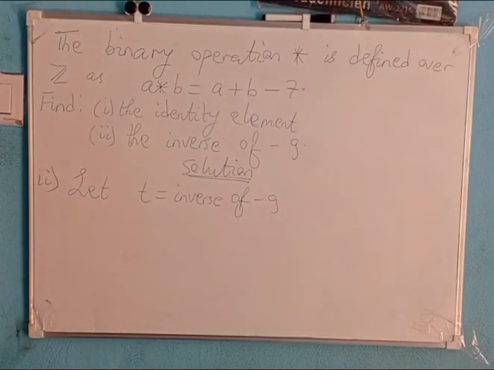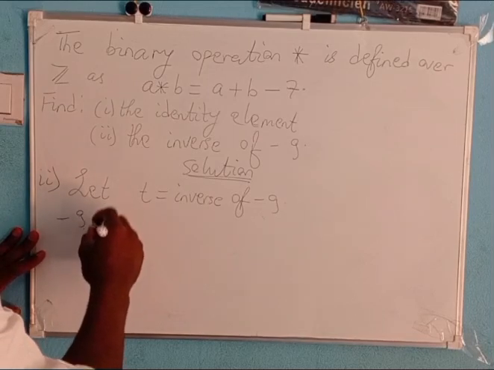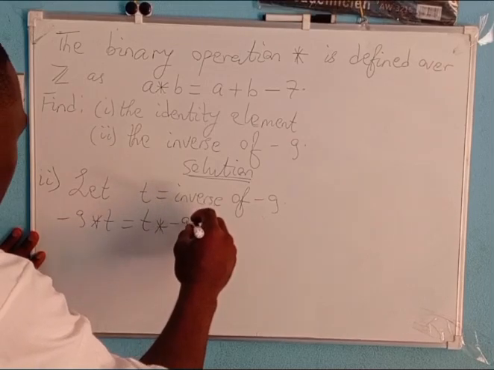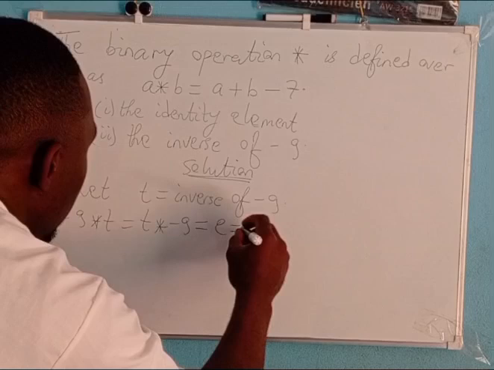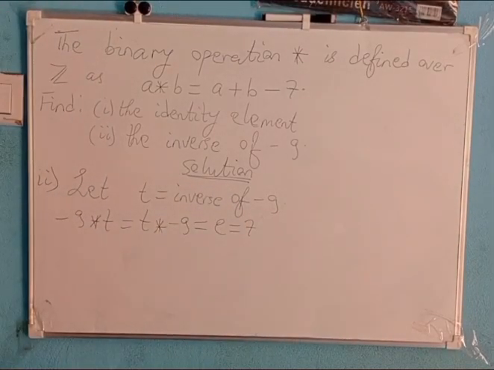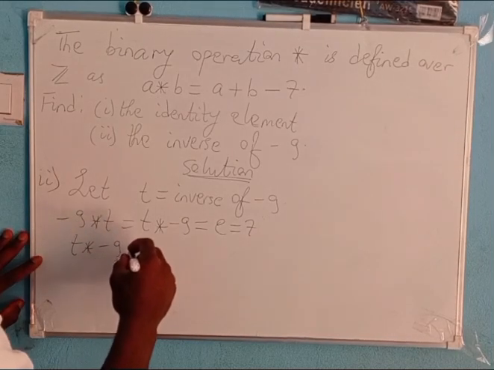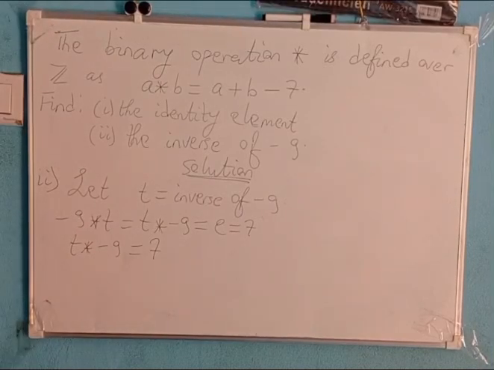If T is the inverse of negative 9, it simply means that if we take negative 9 star T, it should be equal to T star negative 9, which is equal to the identity element E, which is 7. That's what it means. If we take T star negative 9, this is equal to E, which is 7. We can form an equation of which we can solve for T.